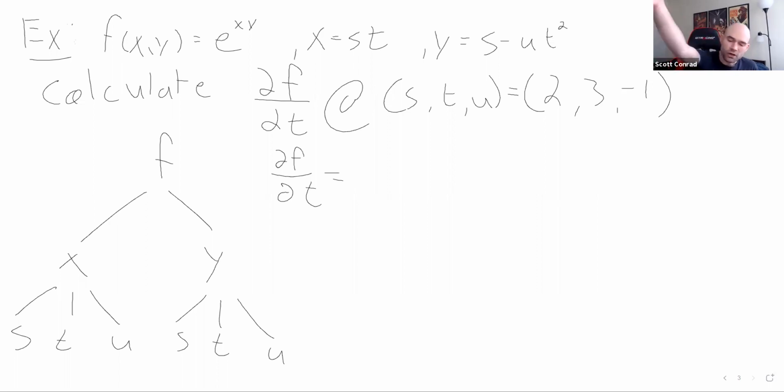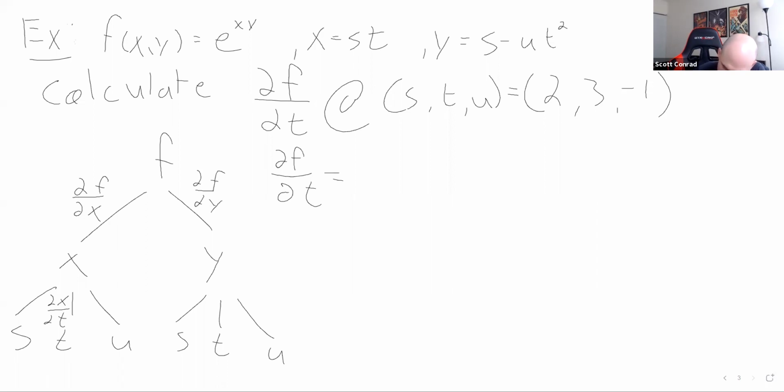So we're going to look at all the ways we can go from f down to t. We look at all the paths, multiply down, and add up the paths. From f to x, we have our df dx. And from x to t, we have our dx dt. From f to y, we have our df dy.